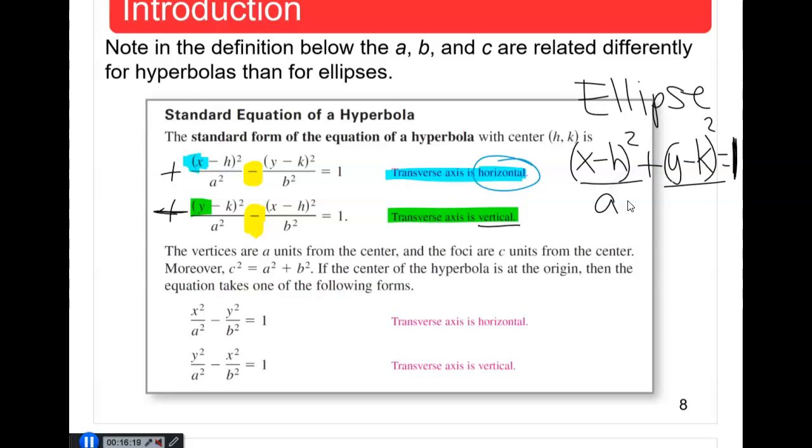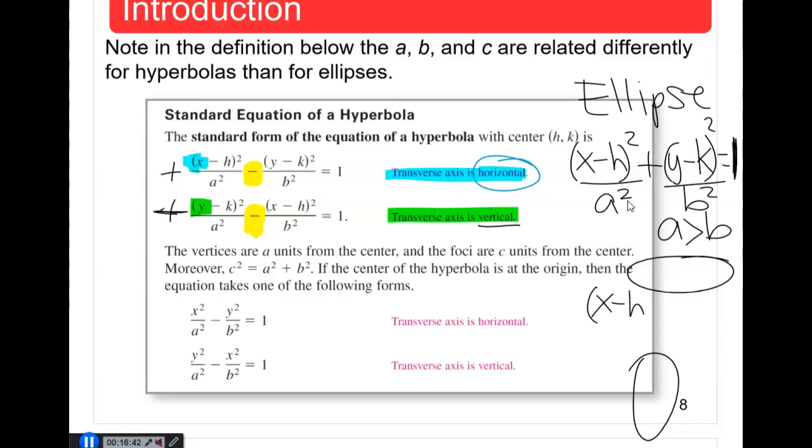If we had the a squared here and the b squared here, we always say that a is greater than b, right? And that's how you determine if it was a horizontal ellipse, like that, or a vertical ellipse. And if it was a vertical ellipse, it was because the a squared was not with the x, but with the y.